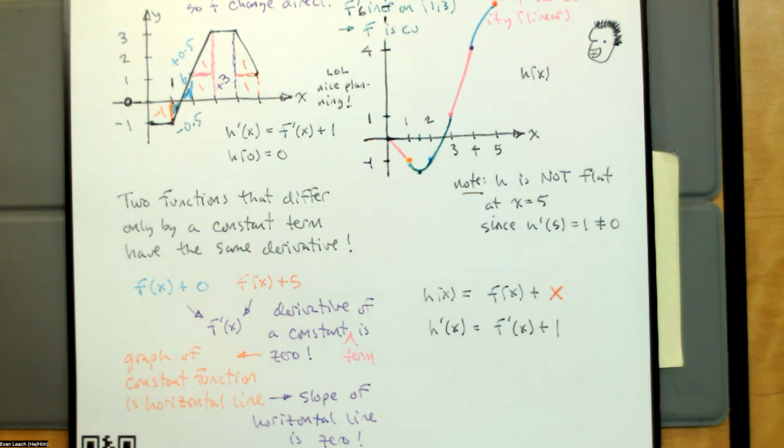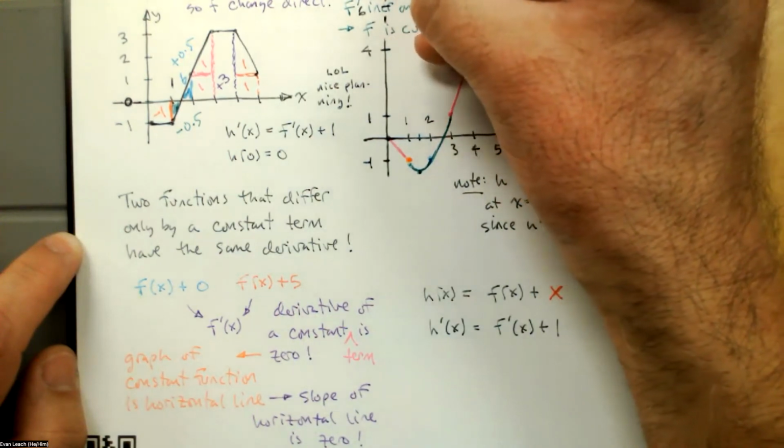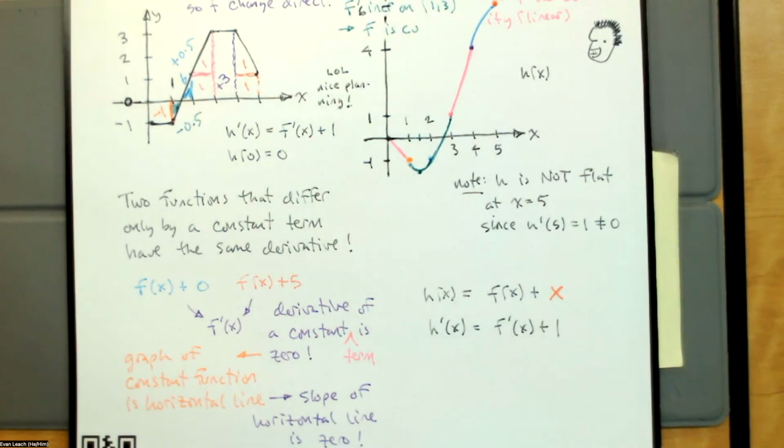Notice that h of 0 is f of 0 plus 0. h of 1 is f of 1 plus 1. f of 1 is negative 2. Negative 2 plus 1 is negative 1.